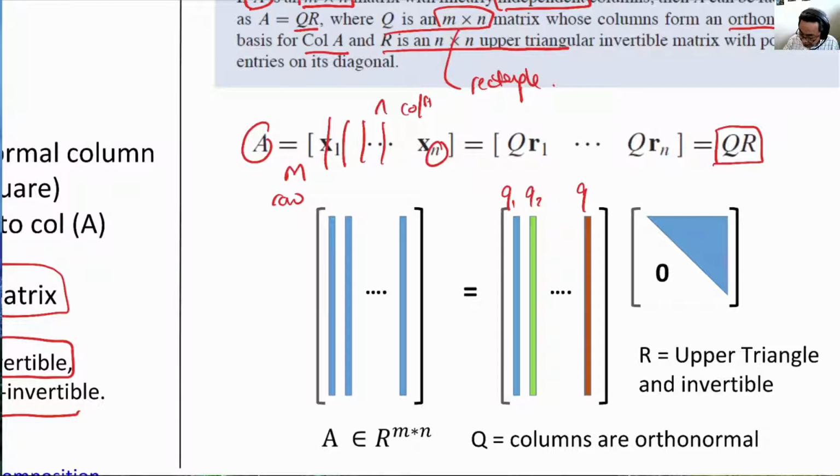There will be n of them, n columns. This is m rows and n columns for the Q matrix. And the R matrix will be n by n. And the nice part about this being an upper triangle is that this part will be 0, and only these values are filled, and including the diagonal elements, the R matrix will be non-zero.